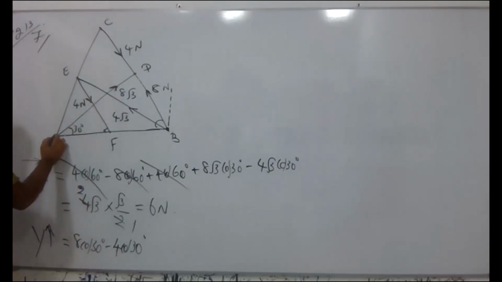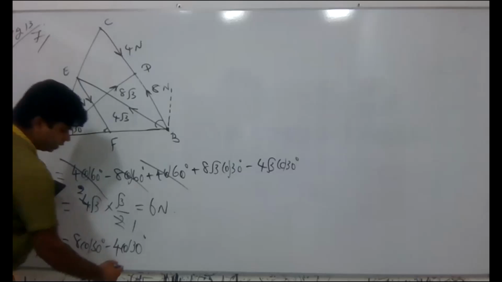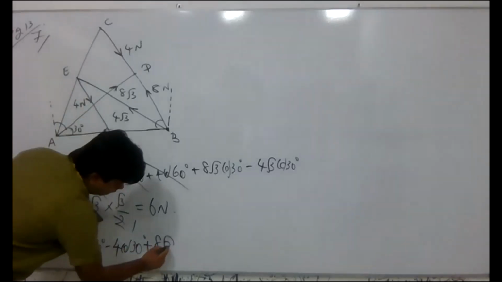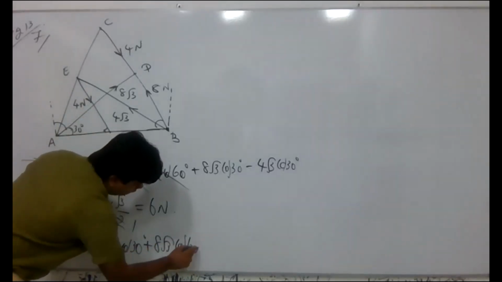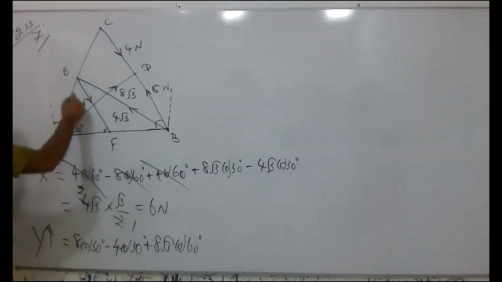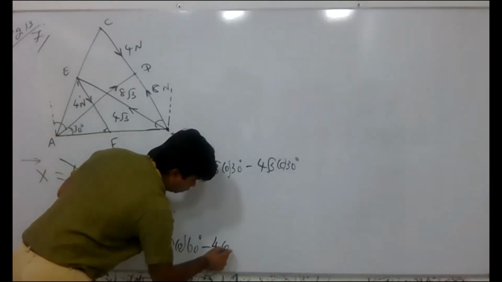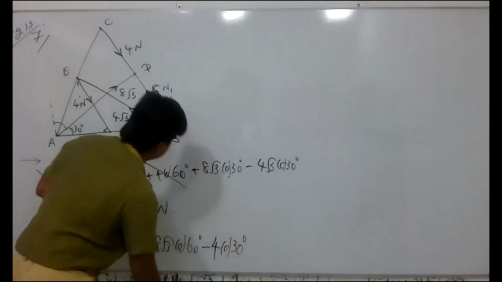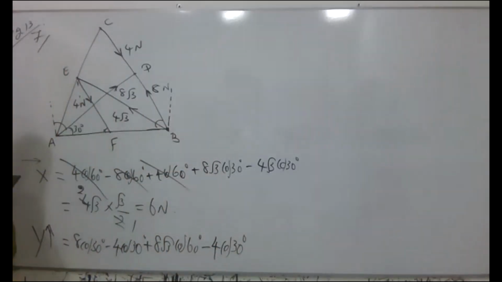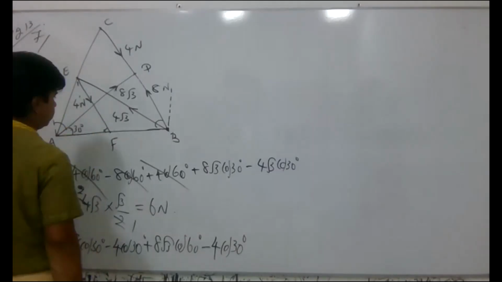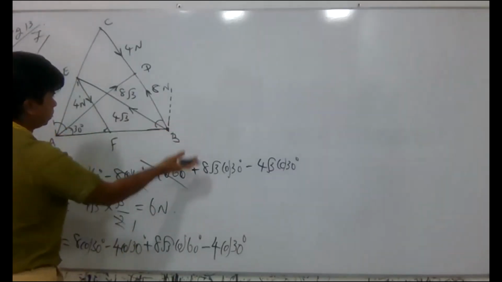Shall we take this 8 root 3 point of action here? Then this angle 30, this angle 60, then plus 8 root 3 cos 60. And here minus 4 cos 30.